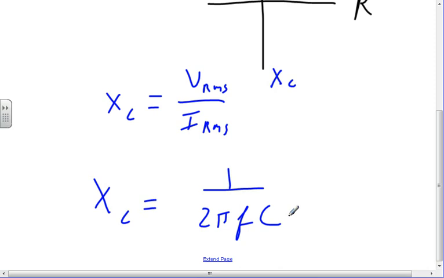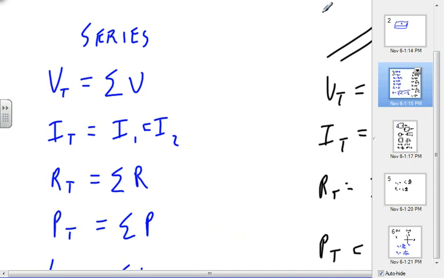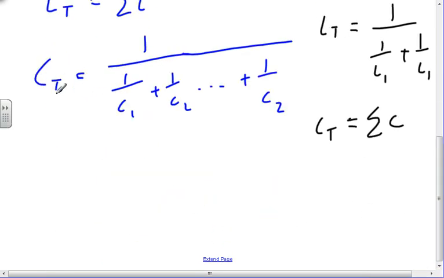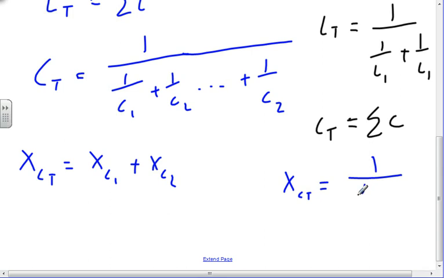So if I come back to this here, capacitance total follows the 1 over rule, but X sub C total in series would not follow that rule. That'd be X of C1 plus X of C2. And in a parallel circuit, the same thing would be true: X sub C total would be 1 over the sum of 1 over X of C1 and 1 over X of C2.